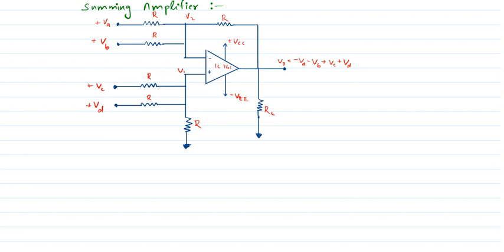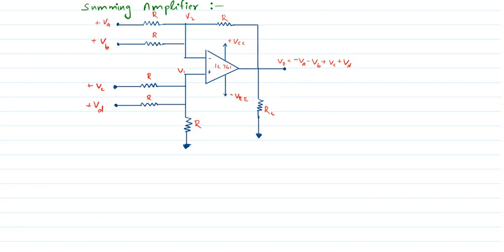All the resistances are given here as the same, so that the gain of the circuit will become 1. By applying the superposition theorem, we can find out the output voltage of the circuit.